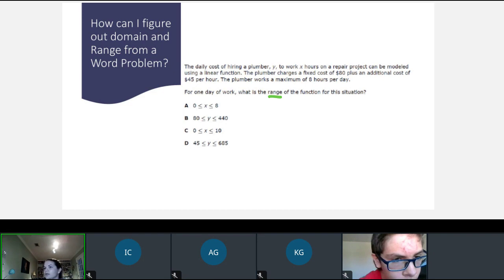So we want range, and range is Y values. Good. So A and C have X in the middle, so it cannot be those.